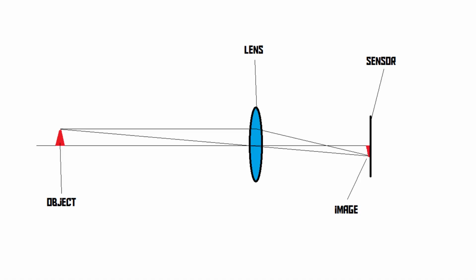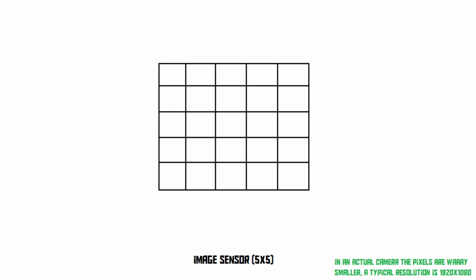Now let's zoom in a little bit more on the capturing of these images. So inside a camera, what we've got is a lens which projects the actual image from the outside world onto something called a digital sensor. A digital sensor is basically a massive grid of tiny little light receptors, which are the pixels of the image.